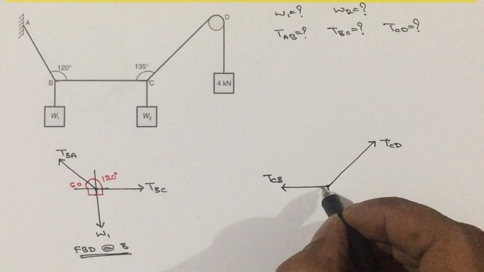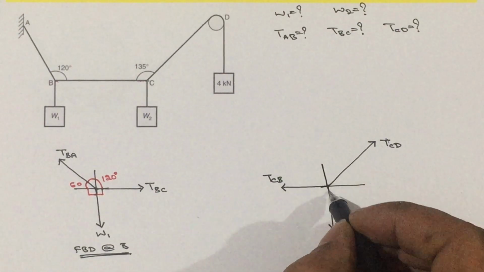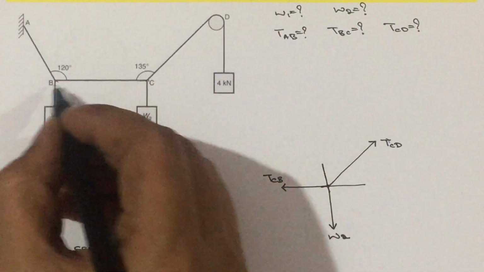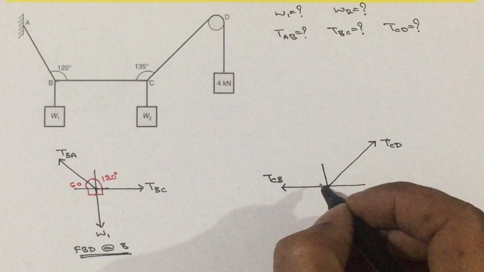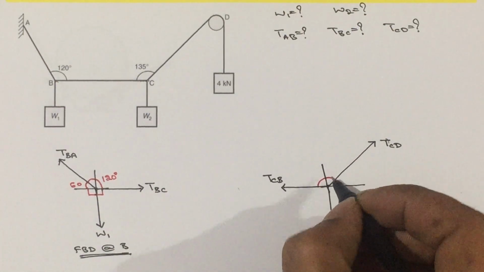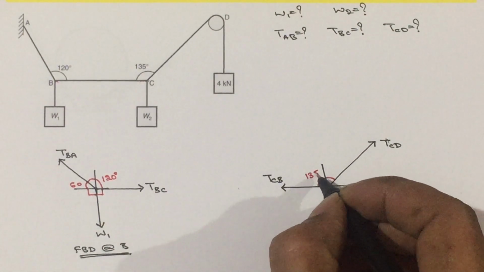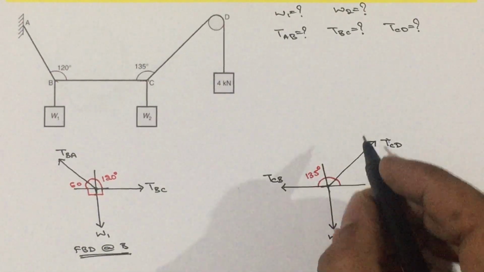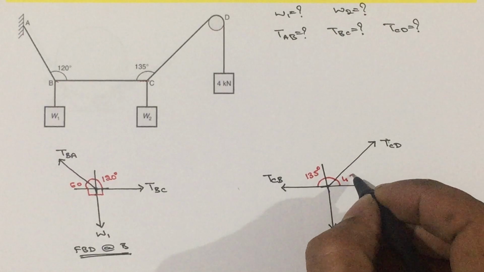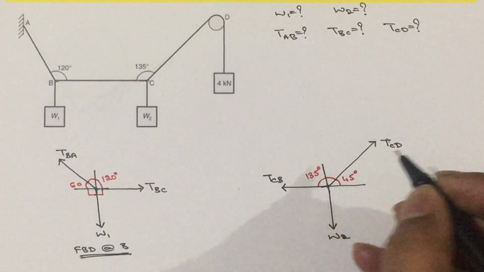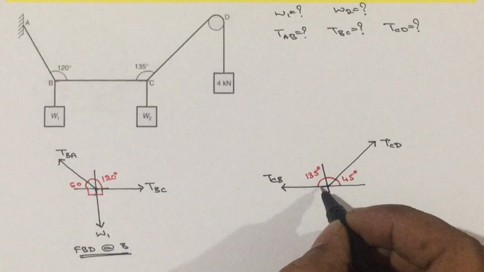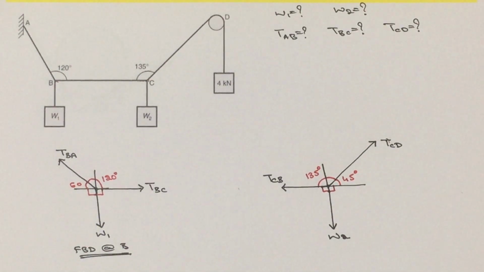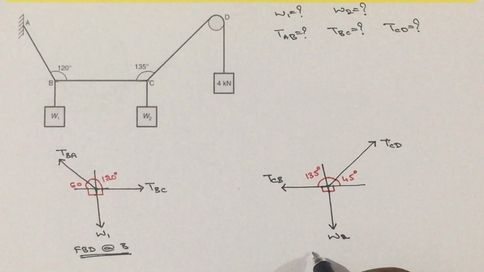Finally, we need angle. For that, draw a plus mark at the point. Then the angle between CB and CD is 135. So, write it from here to here it is 135 degree. Then the remaining is 180 minus 135, that is 45 degree. Then this will be 90. This is also 90 degree. This is the free body diagram at C point.